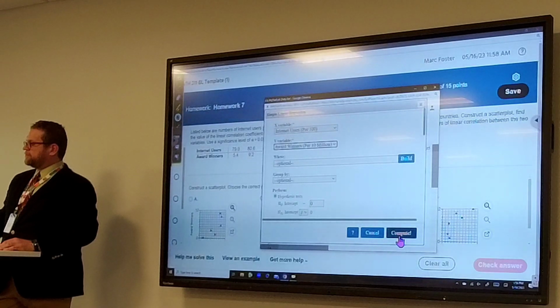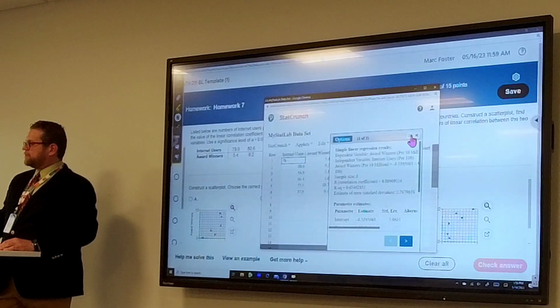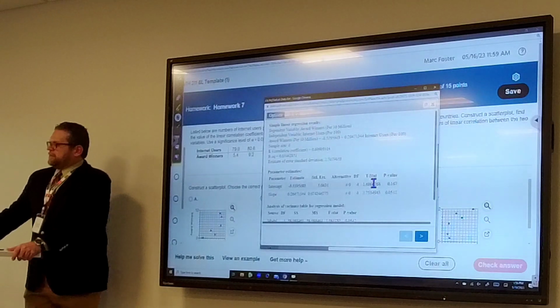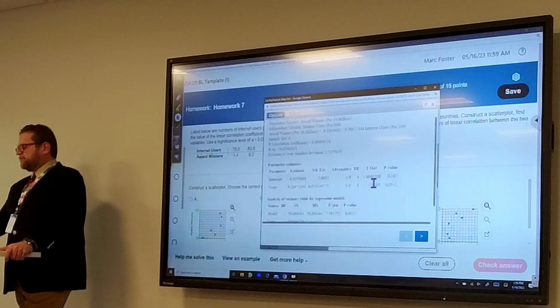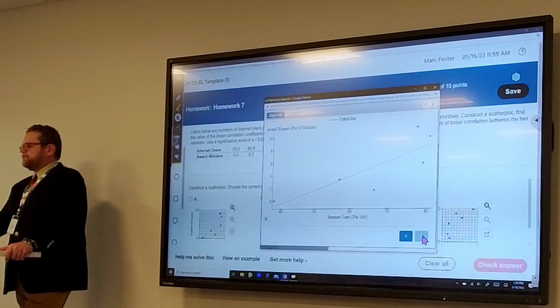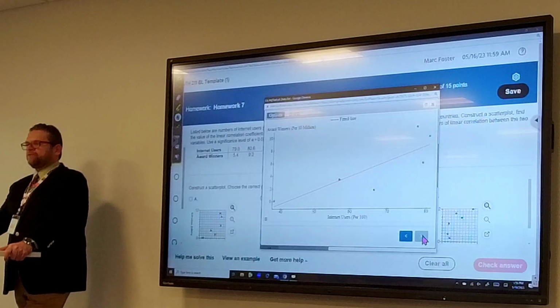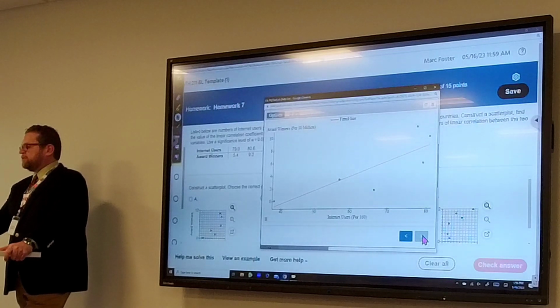You just hit compute. And it gives us a 2-page summary. On the first page, there's a lot of numbers. Second page is the picture. So this is looking like you'll have more scientific award winners if internet use is more prevalent in your country.